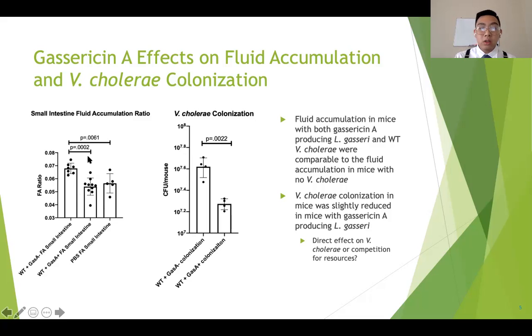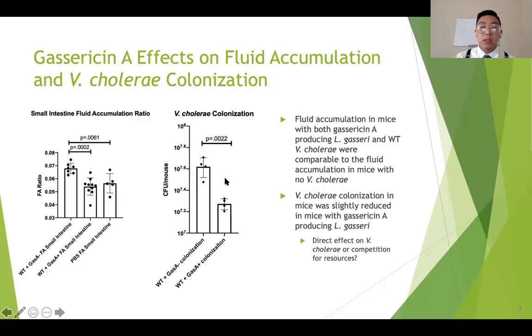Due to this difference, we believe that the presence of gassericin A could potentially reduce the water accumulation in the gut and therefore reduce fluid accumulation. In fact, the gassericin A producing strain was able to reduce fluid accumulation to levels similar to a mouse that did not have Vibrio cholera at all, and instead a PBS control.